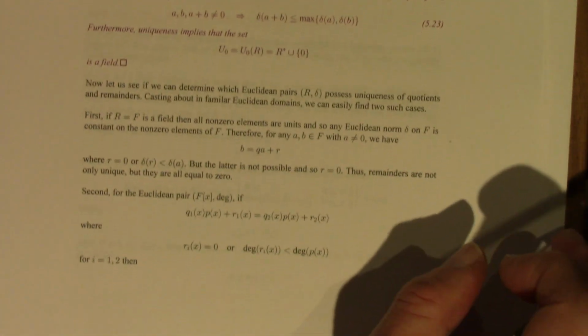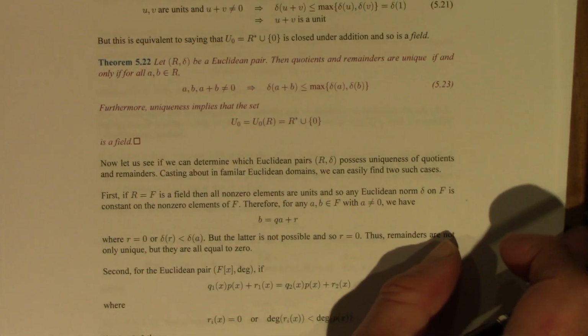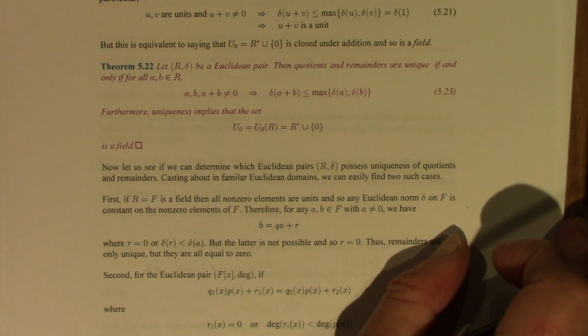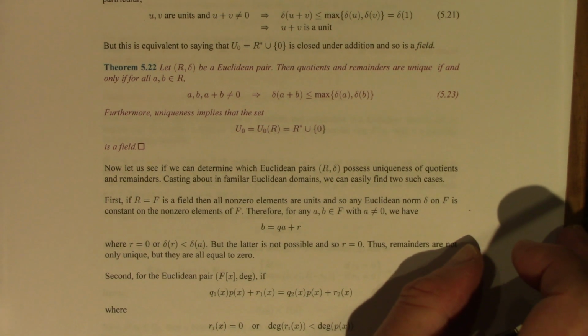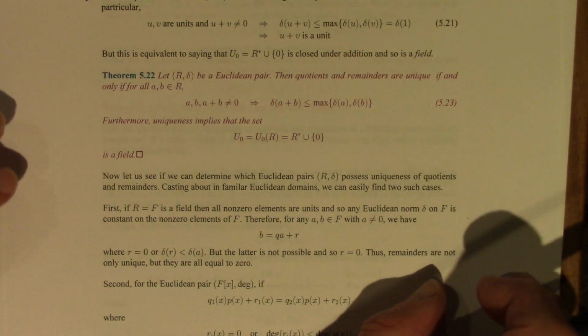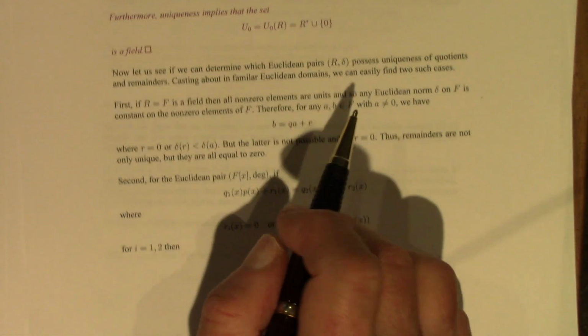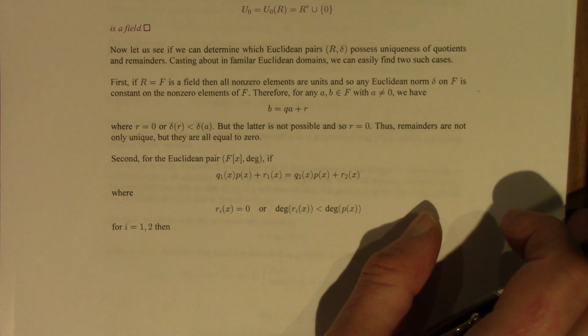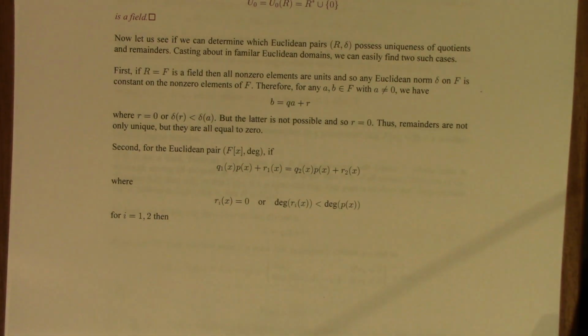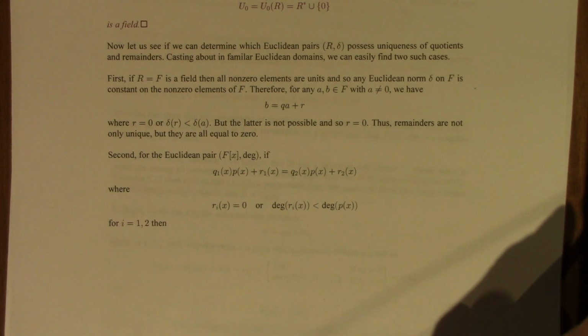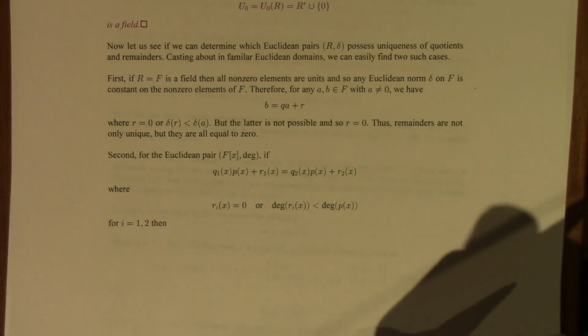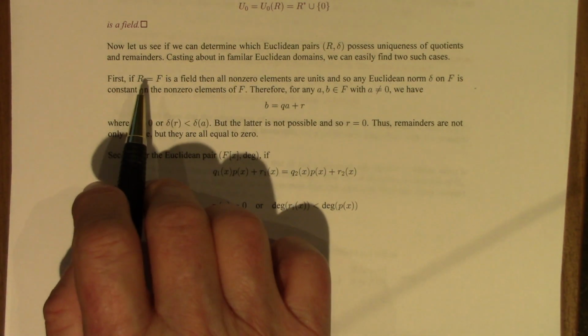Now we have enough weapons to determine which Euclidean pairs possess uniqueness of quotients and remainders. If we look at some familiar Euclidean domains, we can find 2 such cases of uniqueness pretty easily.